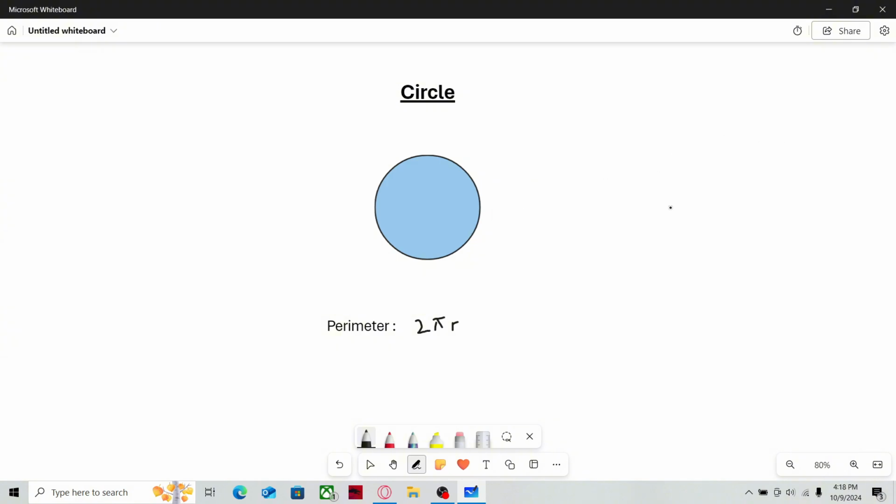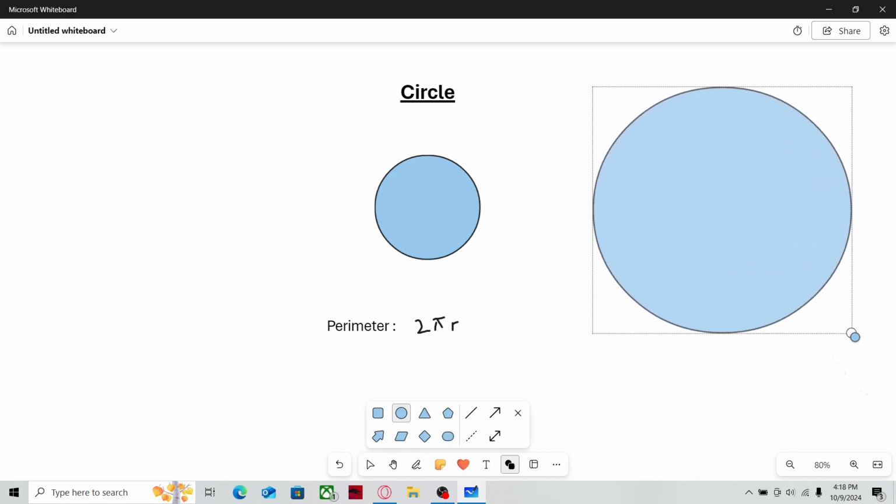First of all, you need to know in a circle, right? Let me just get a perfect circle. Okay, let's take a big one, right? In a circle, from one point of a circle, let's take this point.